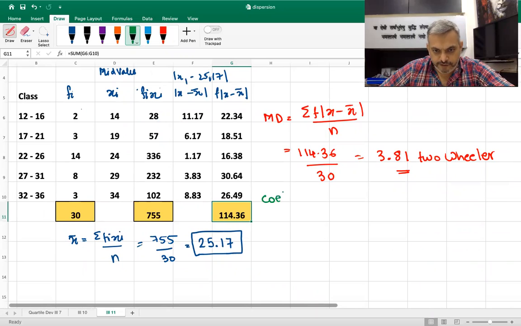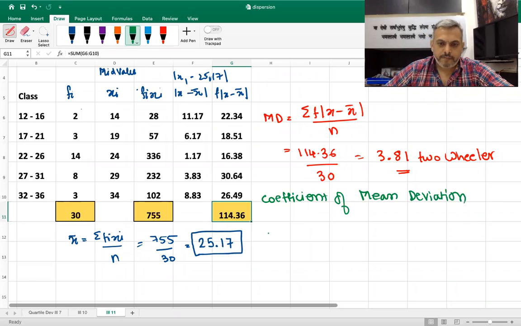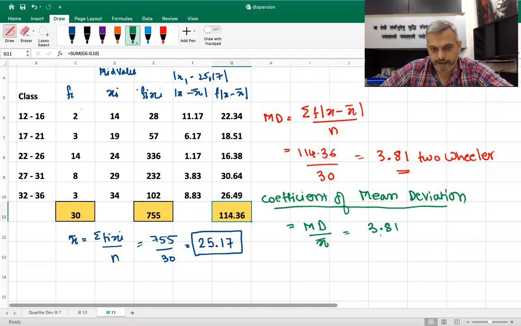So the coefficient of mean deviation is equal to mean deviation upon mean, which is equal to 3.81 upon 25.17, which is equal to 0.15.